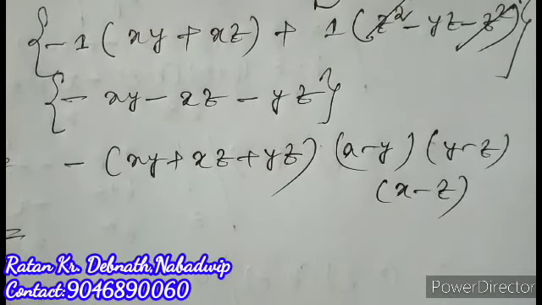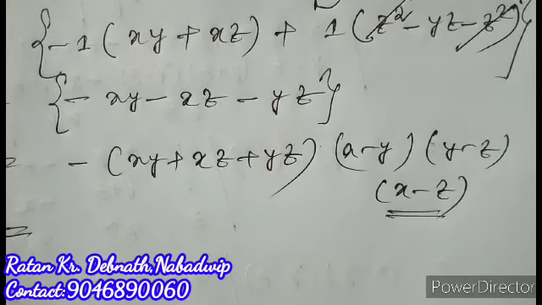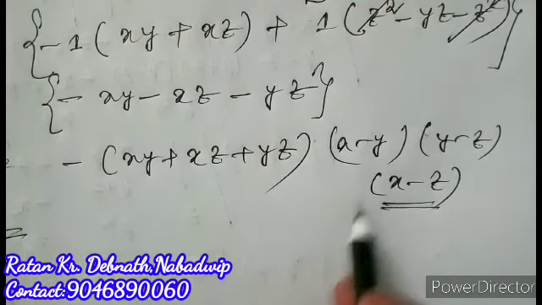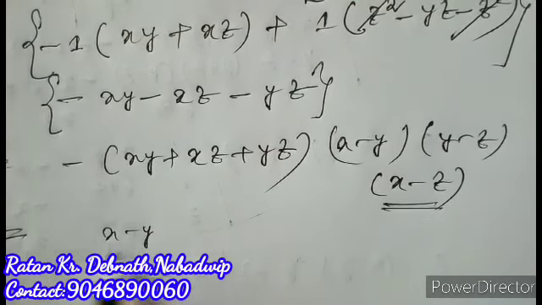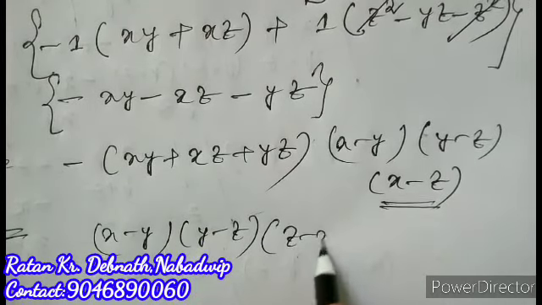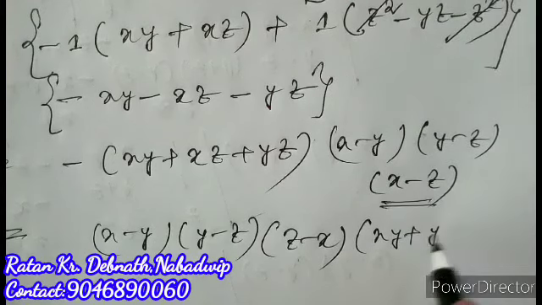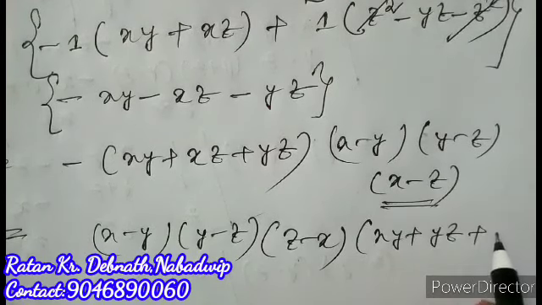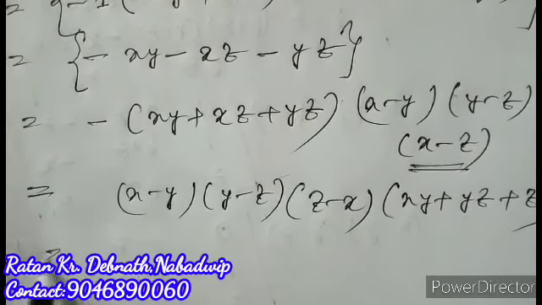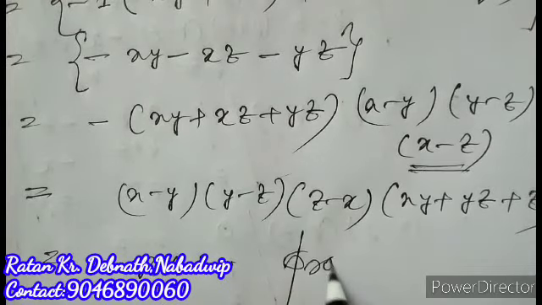So multiplying this third factor with a negative sign, we get x minus y, y minus z, z minus x into xy plus yz plus zx, which is equal to the right hand side.